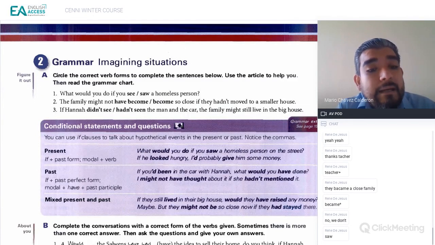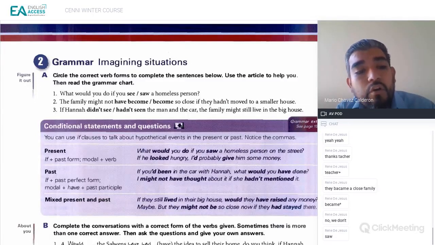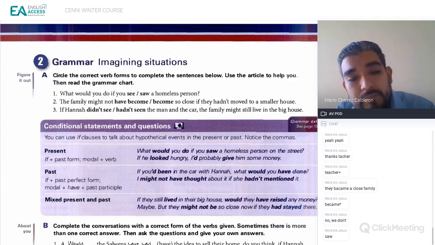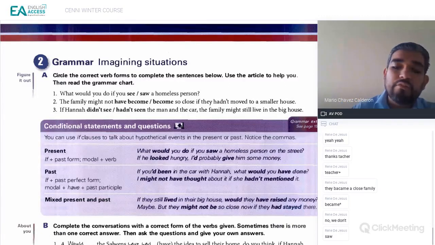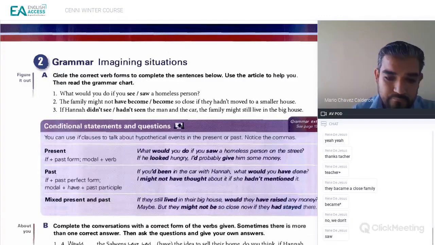The family might not have become or might not become so close if they hadn't moved to their smaller house.